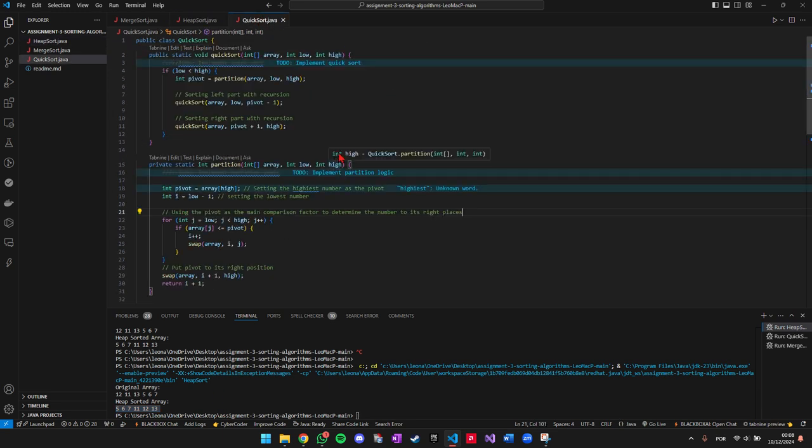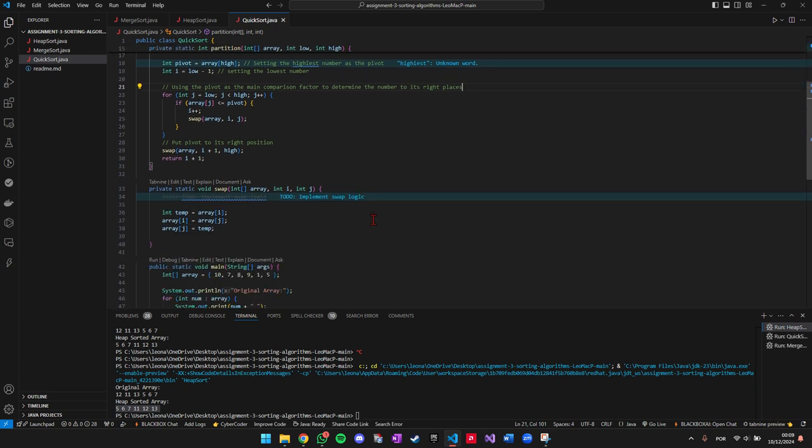And for the last one, it was the quick sort. I mean, the implementation was basically the same for any of this. So using a number as a comparison. So finding the pivot here and comparing the lowest to highest, and making the changes so it gets in the right order.